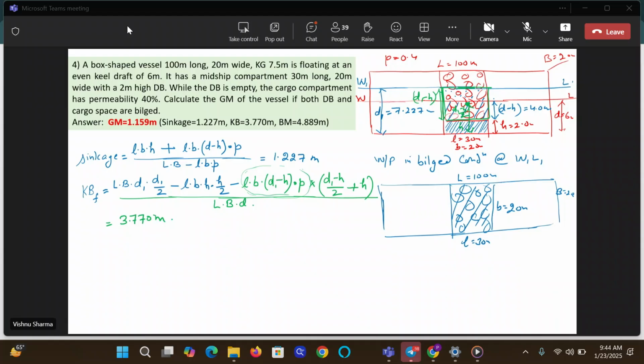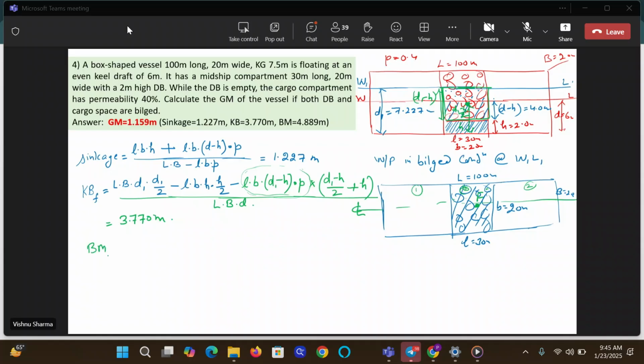Then we come to the BM part. Of course, the center of flotation will be here. There are three intact water planes. This is only explanation, one, two, and something out here. But instead of adding all three, the fore and aft axis will be the center line because the water plane is symmetrical.